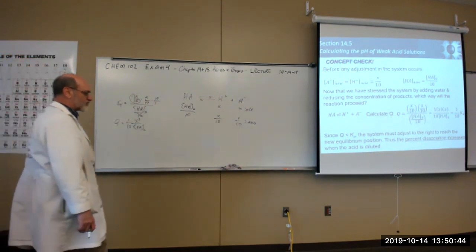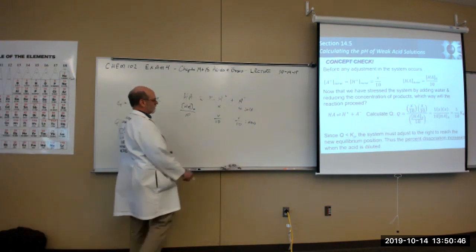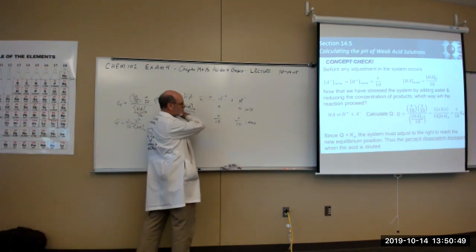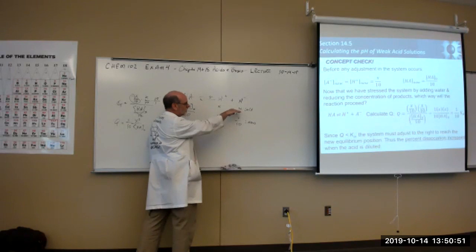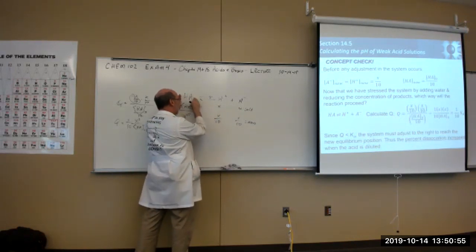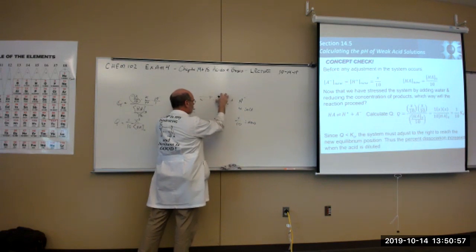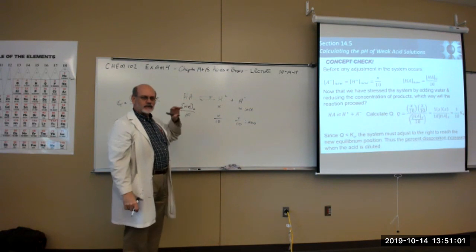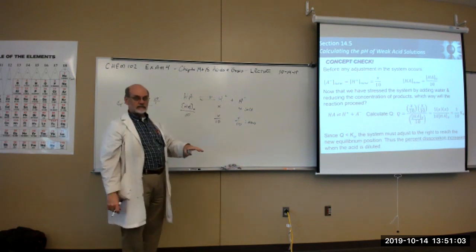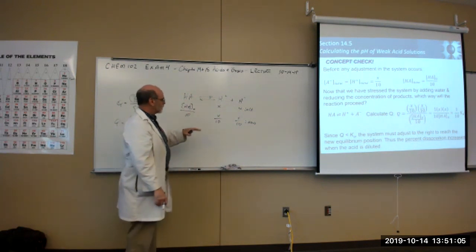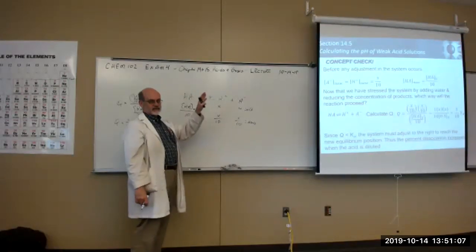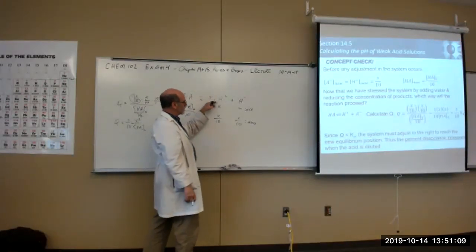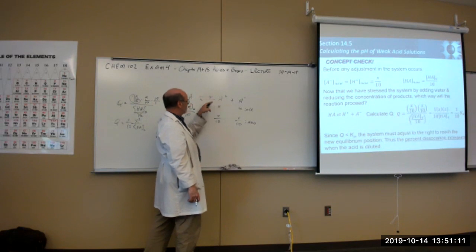So that's why the percent dissociation increases, right? If we drive the equilibrium that direction by diluting it, then we get, relative to what's in there now, a greater amount of this, right? We diluted everything. So the absolute concentrations have gone down. That's true. But the percent dissociation went up because the equilibrium shifted to more of this from that.